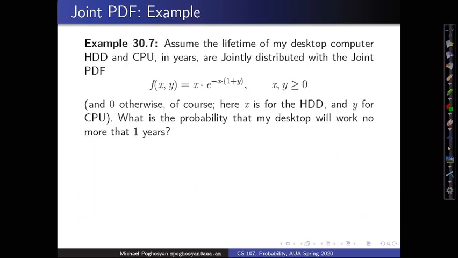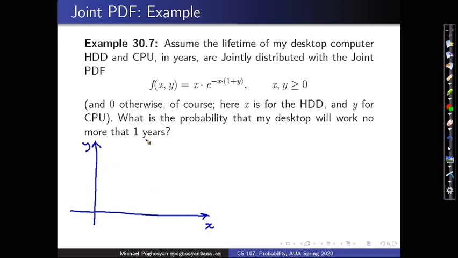Assume the lifetimes of the HDD (hard disk) and the CPU, the two parts of my desktop computer, in years, are jointly distributed with this joint PDF, for x, y larger than or equal to 0. So I will have this kind of shape. This is x, this is y.